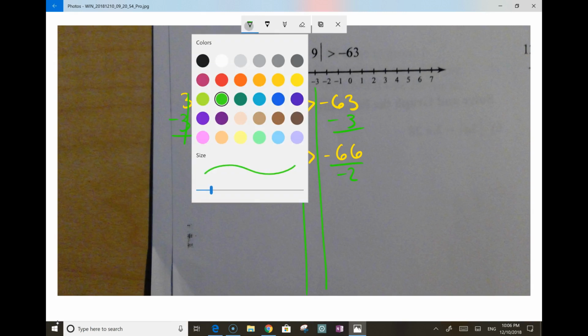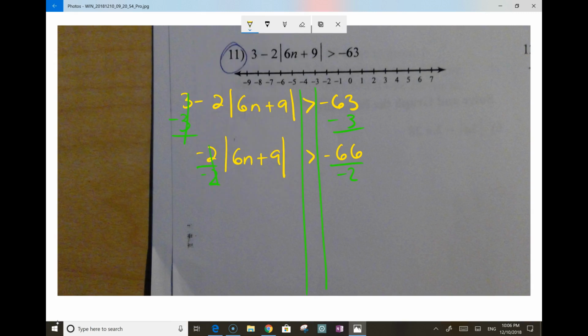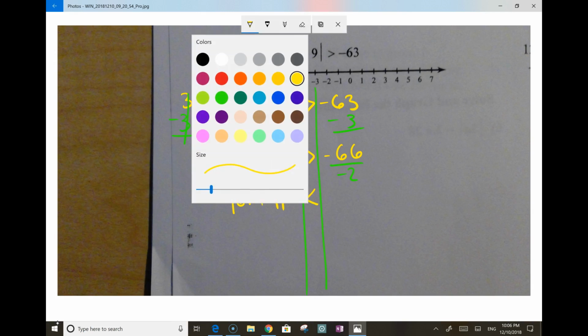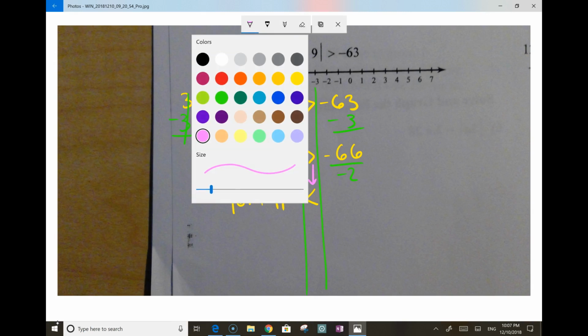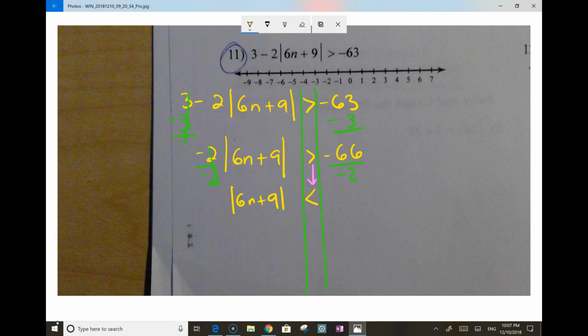And what I get is the absolute value of 6n plus 9 is less than, again, this inequality had to turn itself around. It had to change into less than because I divided using a negative number. And this becomes 33.